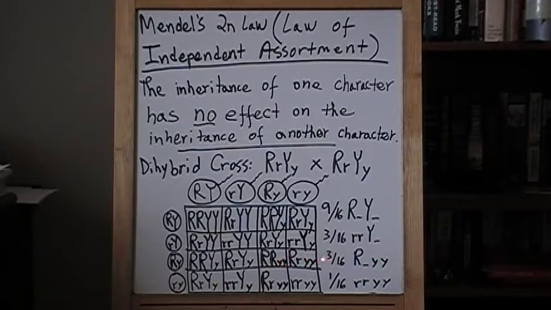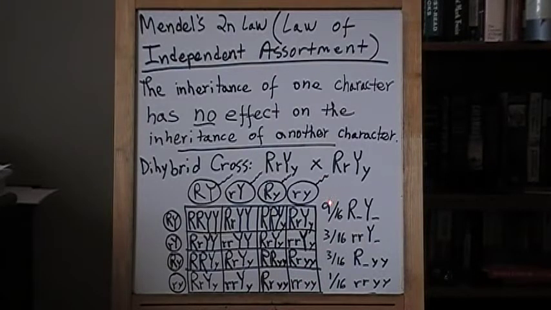So 3 of these squares are going to be at least one large R and 2 little y's. So here's one of them, here's the other one, and the third one is right here. So round green. And then the last phenotype is 1/16 wrinkled green. And there's only one square that has that: 2 little r's, 2 little y's.